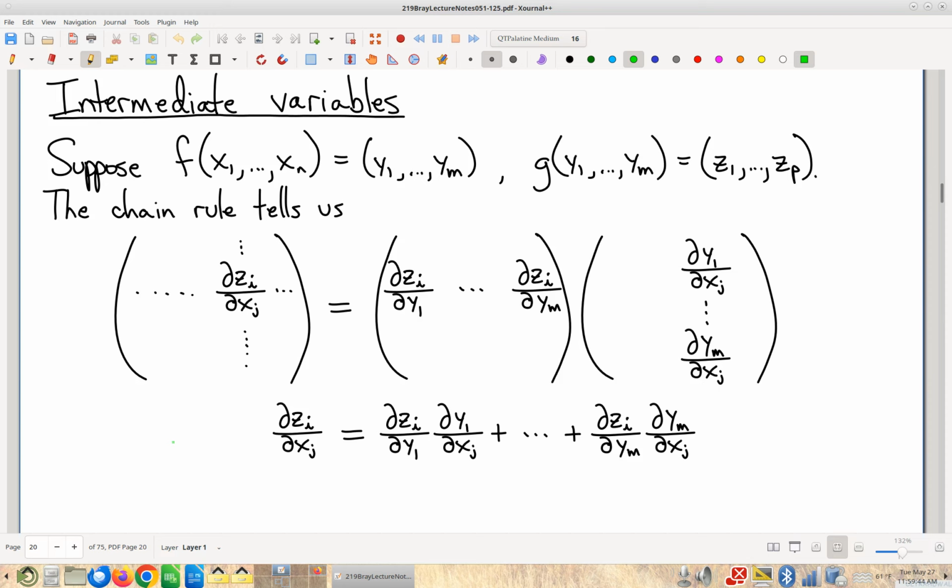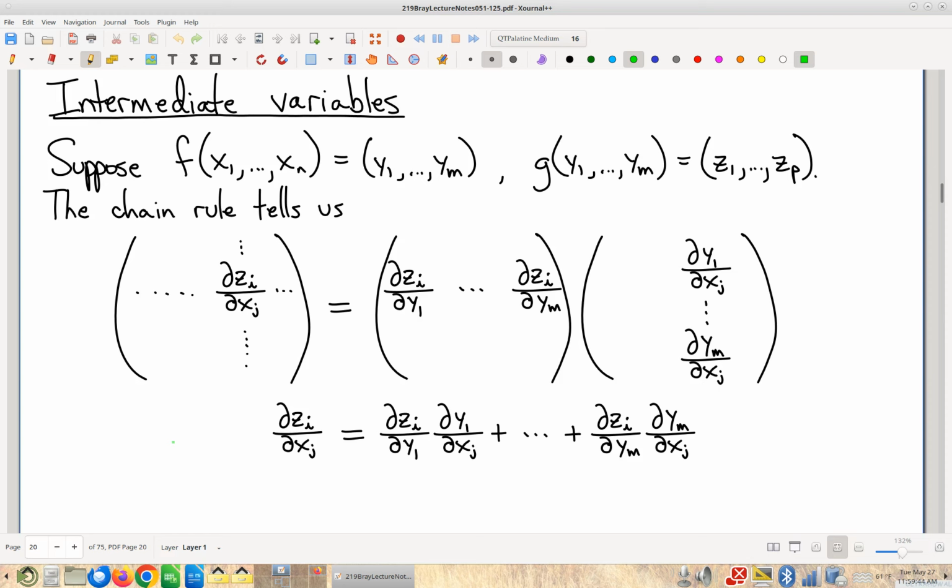Now here's the thing. That y1 changing will then cause ultimately a change in zi, the thing that we're ultimately interested in. So when xj changes, what I have in purple here represents by what factor that change will be magnified to give us this change.